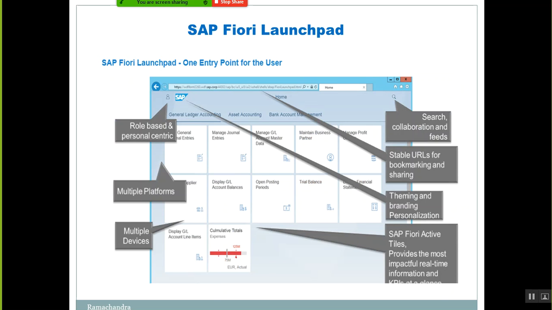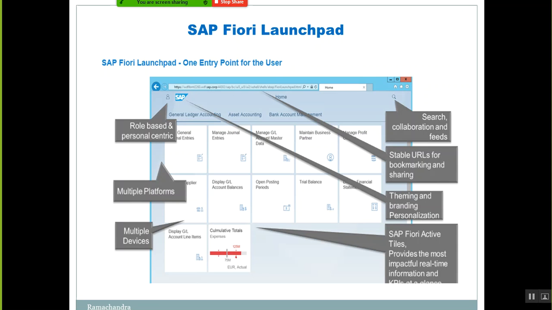And for that, you can design which apps are required for which role or which users. Through the Fiori Launchpad, you can put role-based apps for a particular user, and only those apps appear for him. Unnecessary apps will not appear, and it will not confuse him. Only whatever is required will appear.